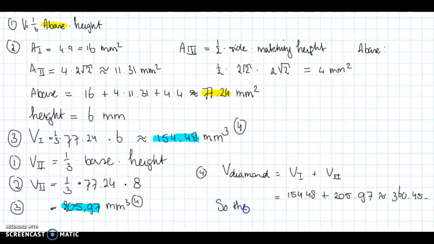So the diamond has a volume of 360.5 cubic millimeters.